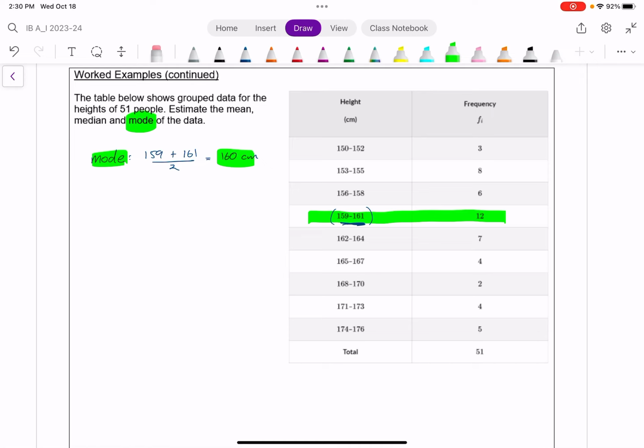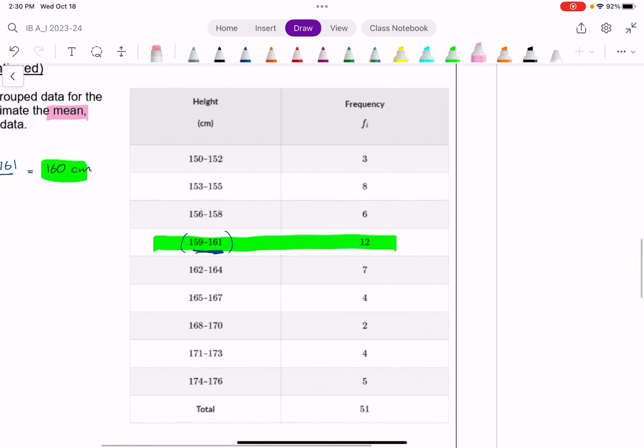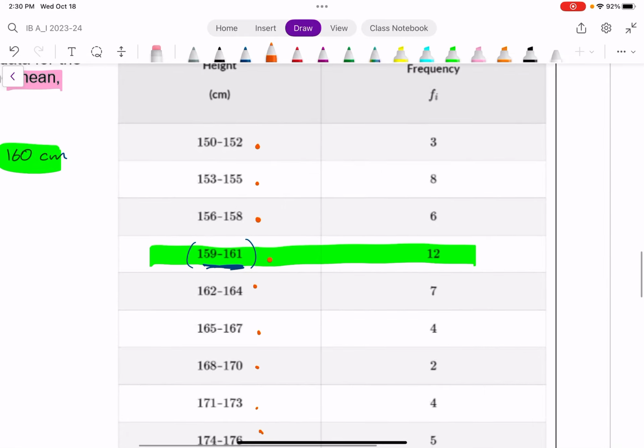All right, if I want to find the mean, I could do this the fairly time-consuming way, in which for each of these, I would find the midpoint value, which I'll want to do anyways. So when I say the midpoint value for 150 to 152, the midpoint of that is 151. Remember, if we don't know the exact data in there, we always estimate using the midpoint.